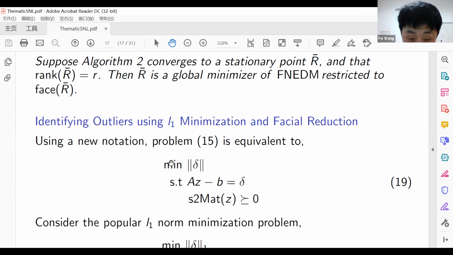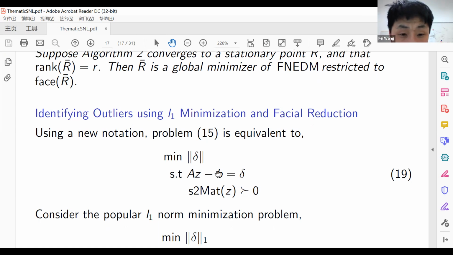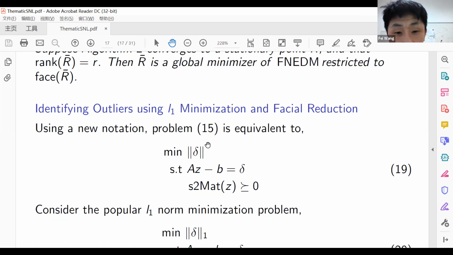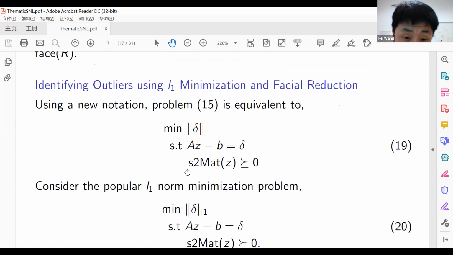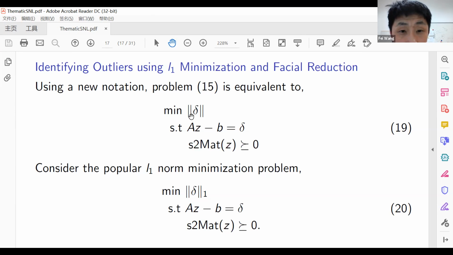So removing these outliers is important to get an accurate estimation of the source. And this can be done by the facial reduction approach and the L1 minimization.